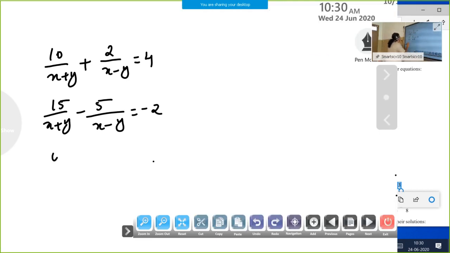Substitute u is equal to 1 by x plus y and v is equal to 1 by x minus y.